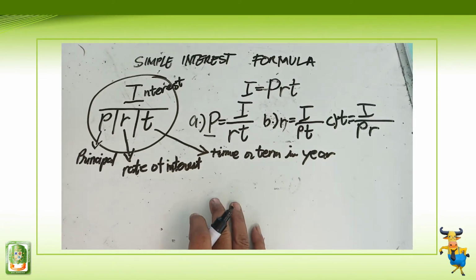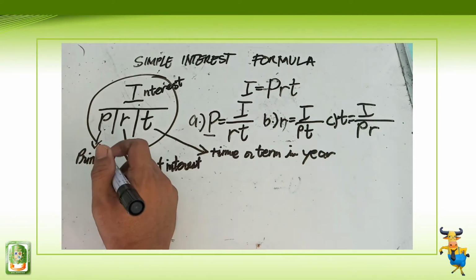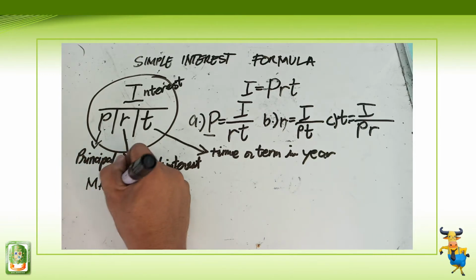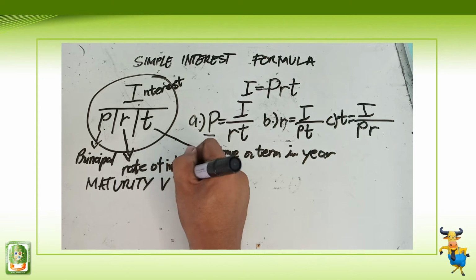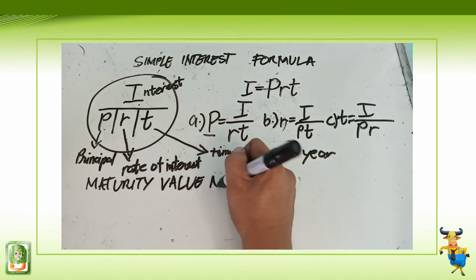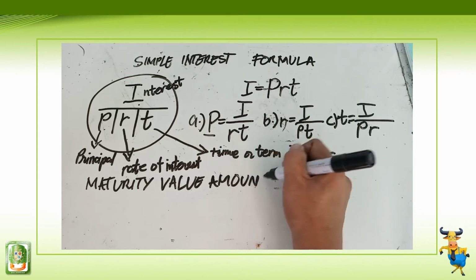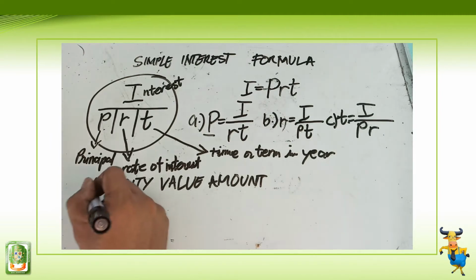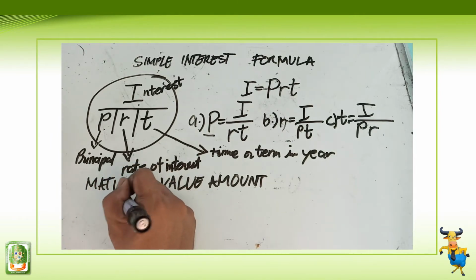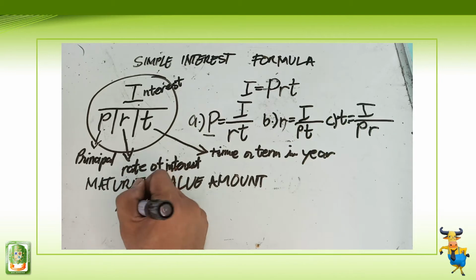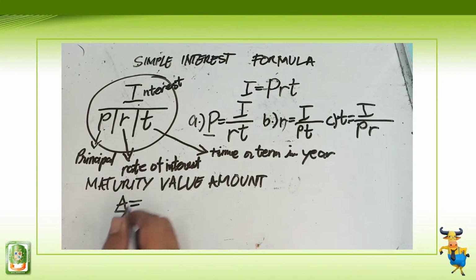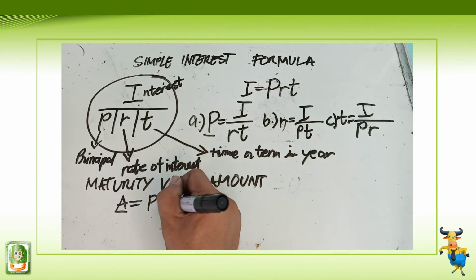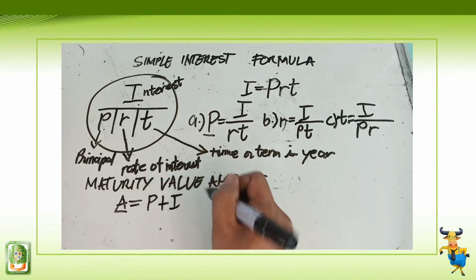So, pagdating naman sa maturity value amount, ang ating formula rito, yung A, o tinatawag natin the maturity value, is equal to P or the principal plus the interest.